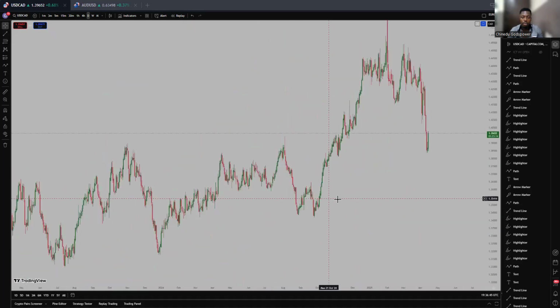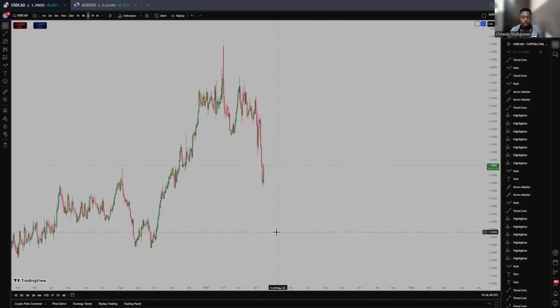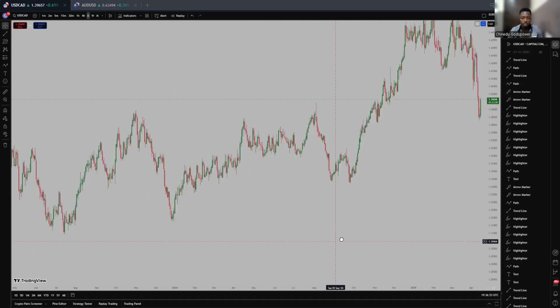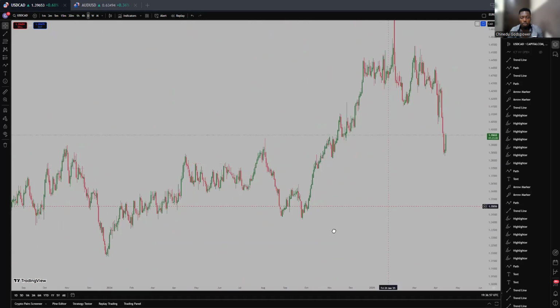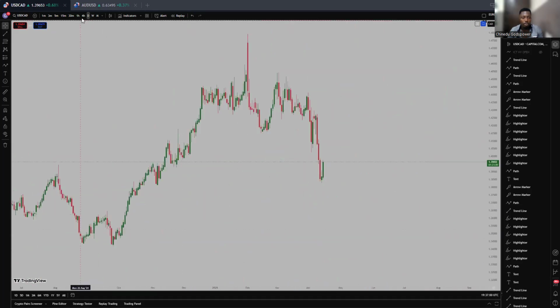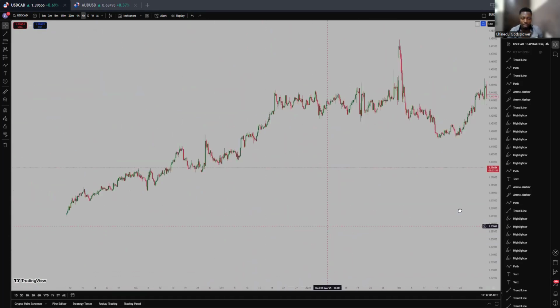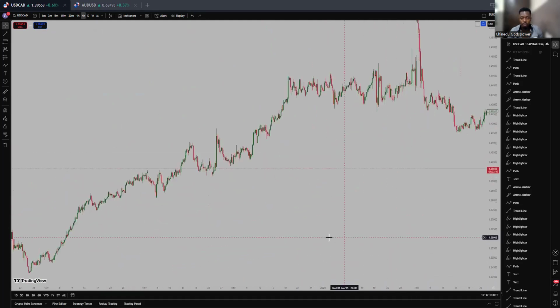This is a bullish trend right here. Now I need to find us something on a smaller time frame so we don't get too confused. Yes, now this is a much longer bullish trend.